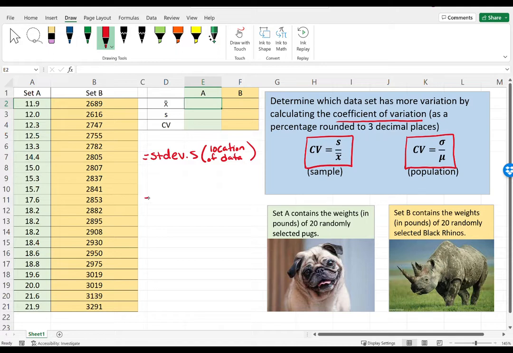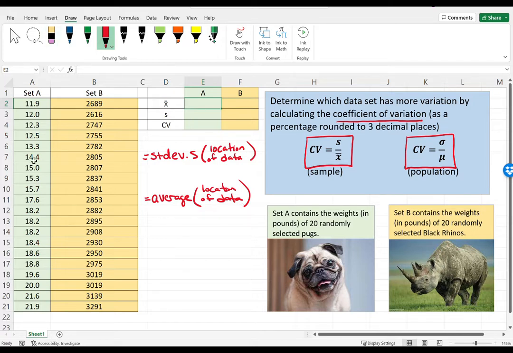Our Excel function for mean is equal AVERAGE, parentheses, location of the data. If you already know how to calculate the mean and the standard deviation, which we've covered in previous videos, calculating the coefficient of variation is very easy because you just calculate the standard deviation and the mean, and then you divide those two numbers.